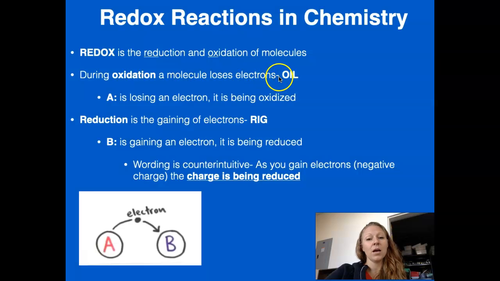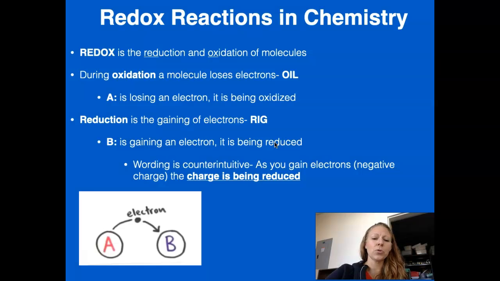So remember that oxidation is loss. Remember OIL RIG: oxidation is loss, while reduction is the gaining of electrons. Reduction is gaining. This is counterintuitive. If it is gaining an electron, it is being reduced, and that trips everybody up.